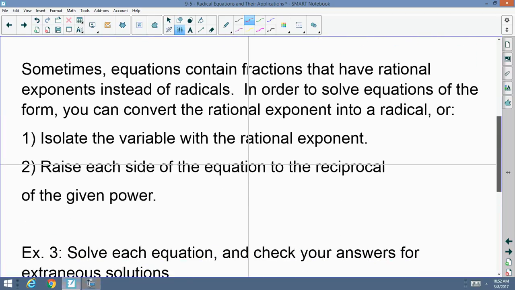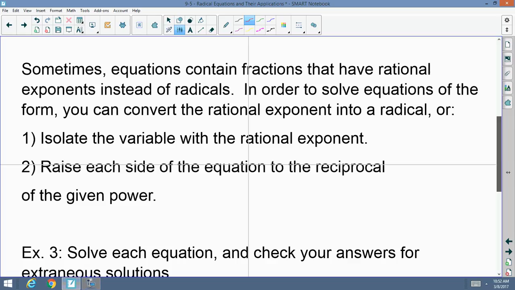Sometimes equations contain fractions that have rational exponents instead of radicals. In order to solve equations of that form, you can convert the rational exponents into a radical. Or you can isolate the variable with the rational exponent, raise each side of the equation to the reciprocal of the given power, and you solve as normal.